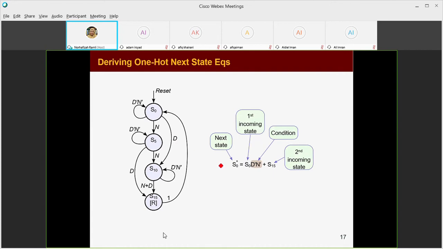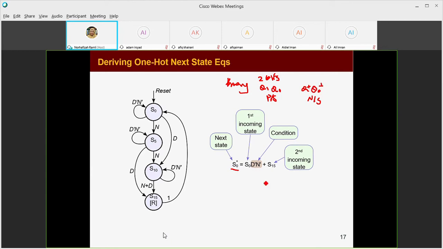You use this concept: S0 prime, S0 plus. Previously in binary coding, for example if it's 2 bits, you use the symbols Q1, Q0 for the present state, and for the next state you name them Q1 plus, Q0 plus.